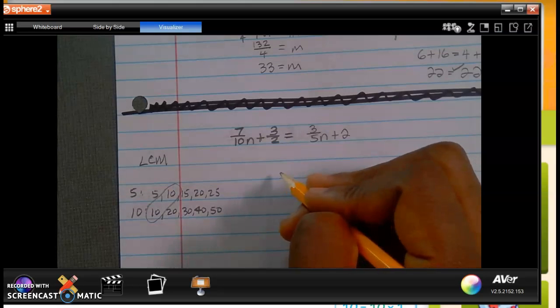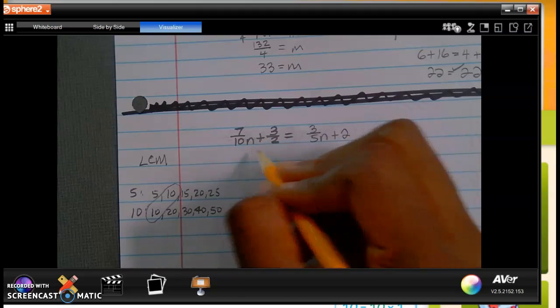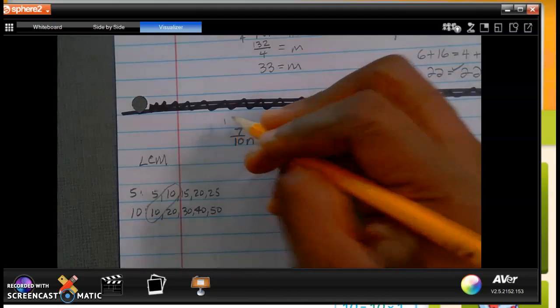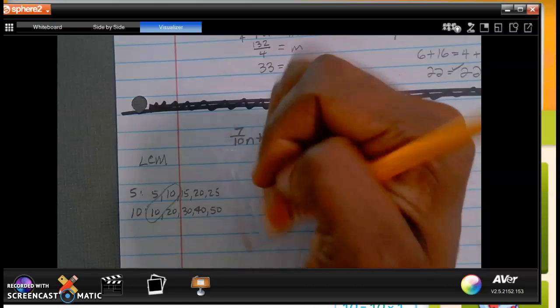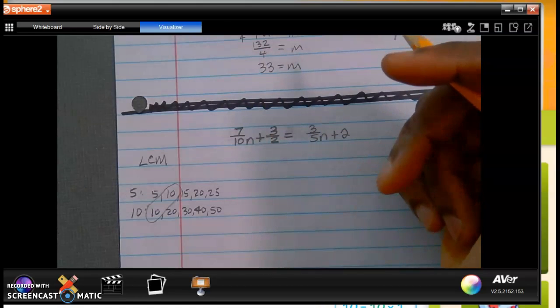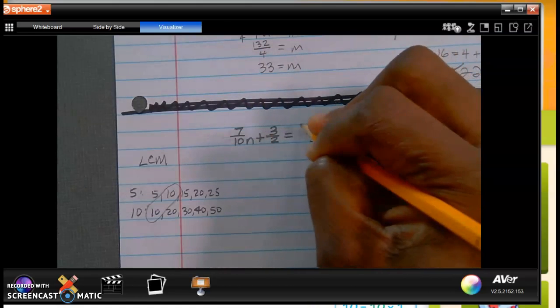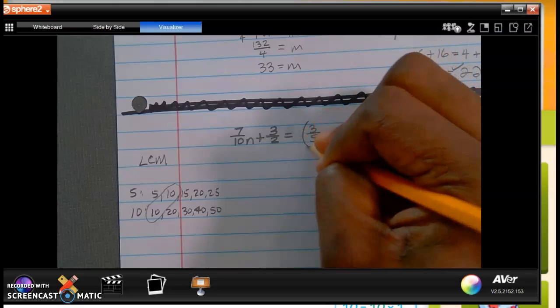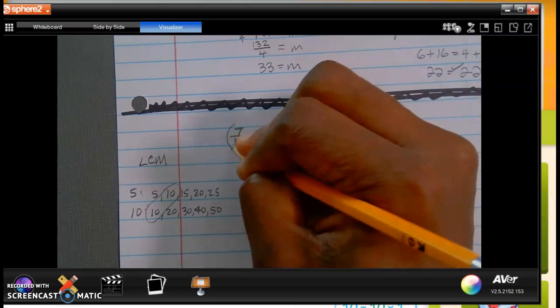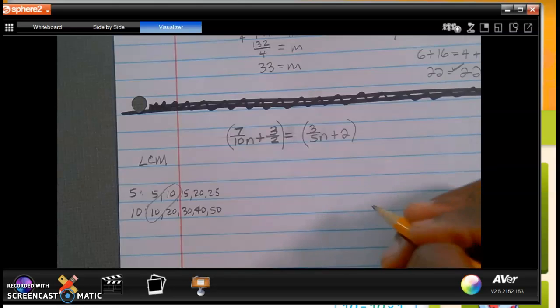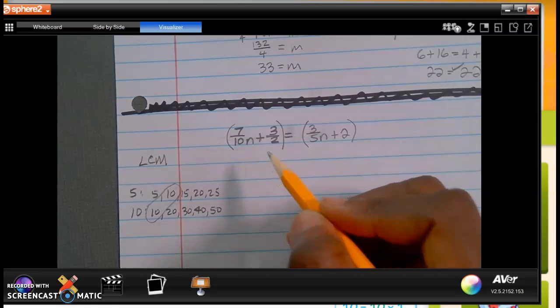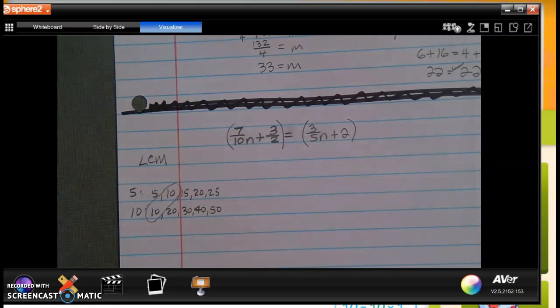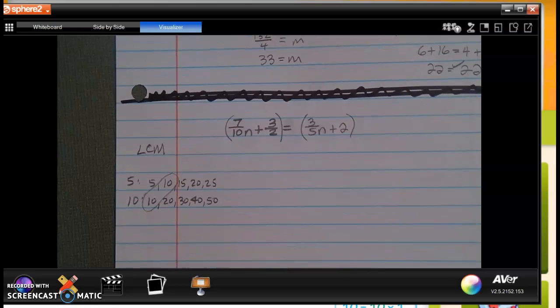So what I'm going to do is get this same equation here, okay? And I'm going to multiply both expressions, okay? When I say expression, I mean this right here on either side of the equal sign, because an expression is normally numbers and variables separated by an operator. An operator will be plus or minus, multiplication or division, okay?